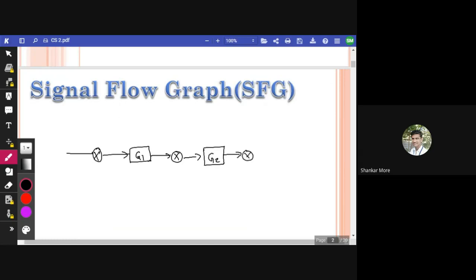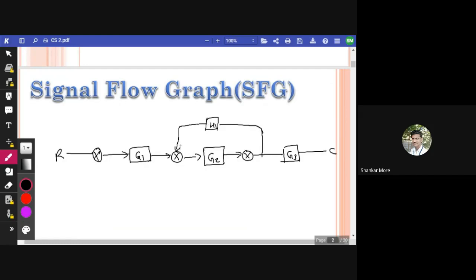Then another summing point. Then we have G3 here, and this is C. This is input R, and one takeoff point is here, and one feedback H1. H1 feedback is coming over here.